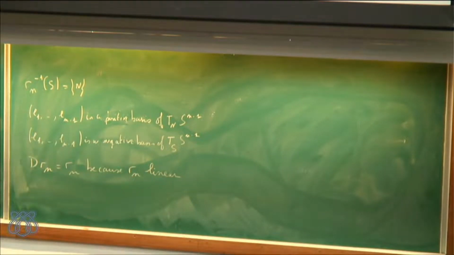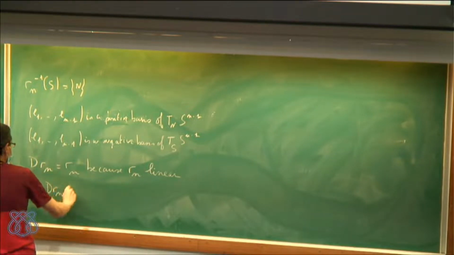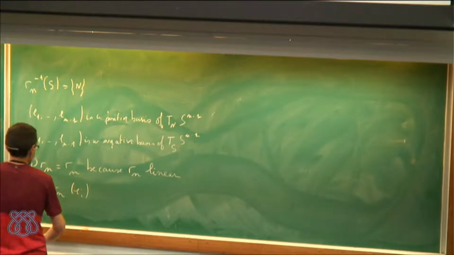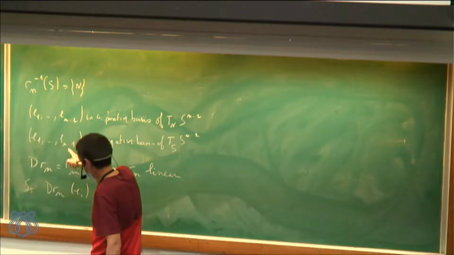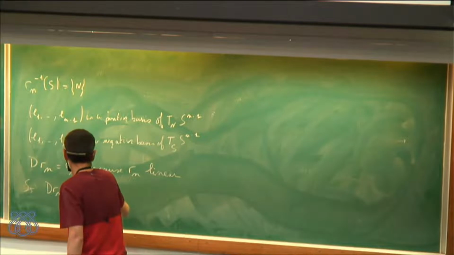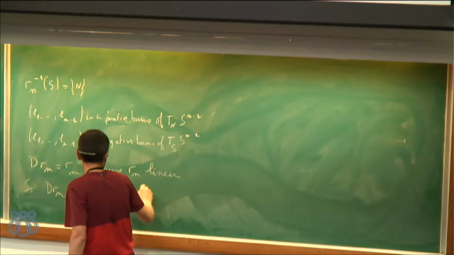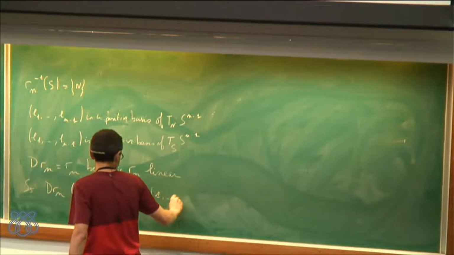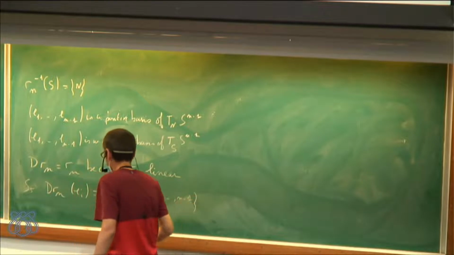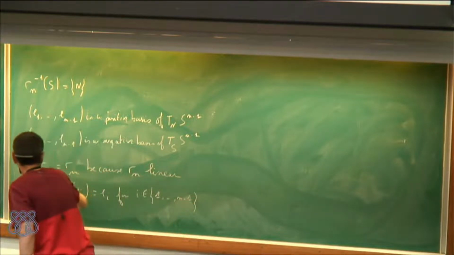And so dR_n of e_i is e_i for i from 1 to n-1, and dR_n applied to e_n gives minus e_n.